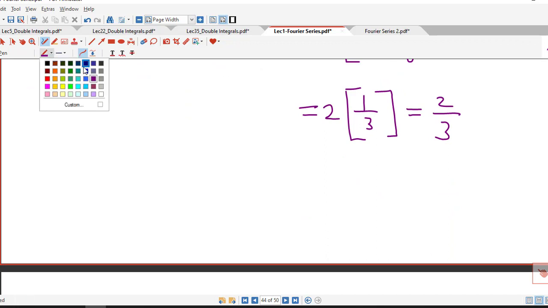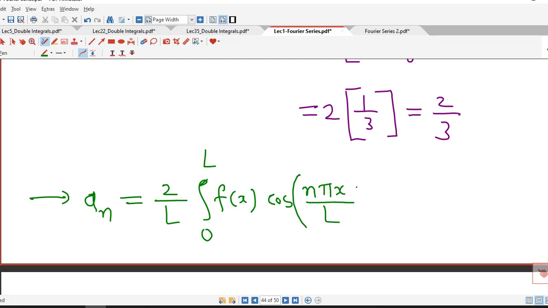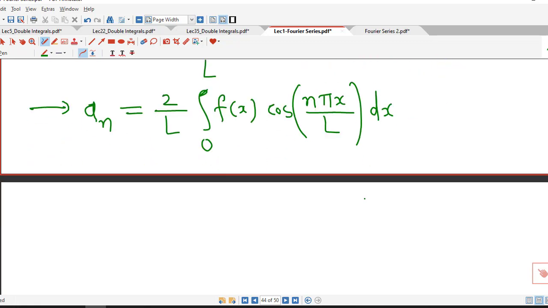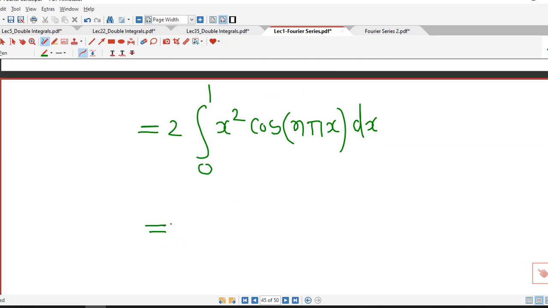Now we find out values of coefficients an. So if f(x) is even, an are given by 2 divided by L integral from 0 to L f(x) cos(n pi x divided by L) dx. Here L is 1, so we write 2 times integral from 0 to 1, f(x) is x square, cos(n pi x) dx. So now we apply integration by parts with u equal to x square and v equal to cos(n pi x).